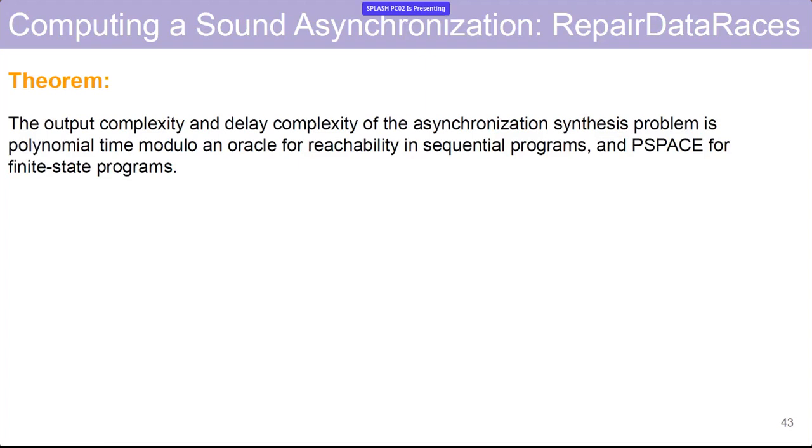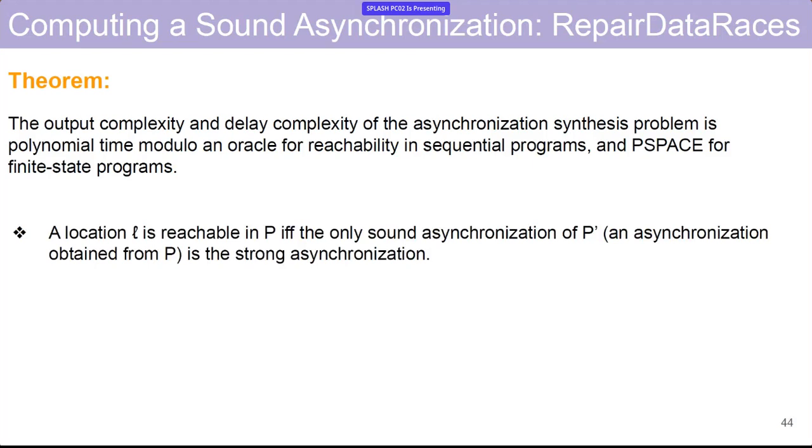So here we show that we reduced this oracle to reachability in a sequential program. That means the output complexity and the delay complexity of the asynchronization problem is polynomial time modulo an oracle for reachability in a sequential program, which for finite state programs is PSPACE.